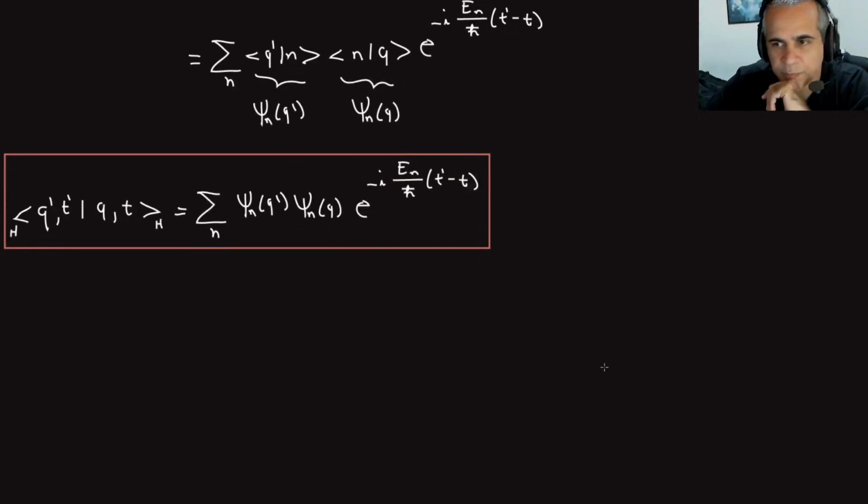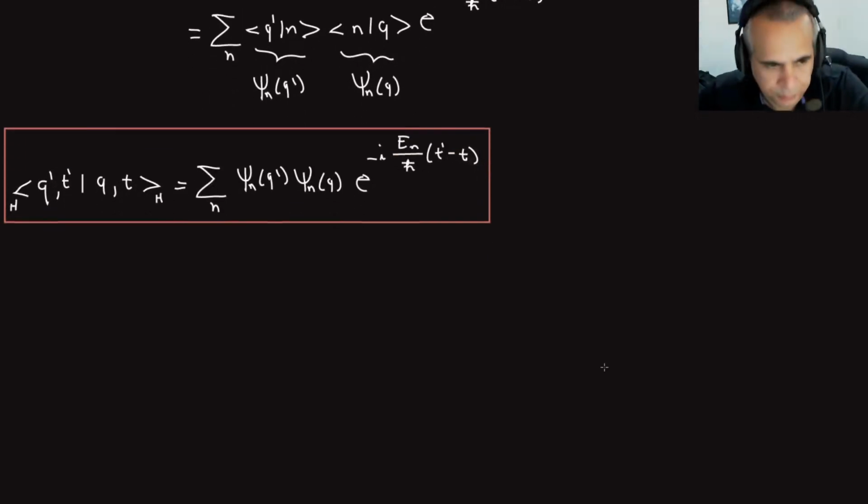So far so good, right? Now, just looking at this, the time is real, so this is a real variable, but we see that this function is analytical for t prime minus t, even in the complex plane.